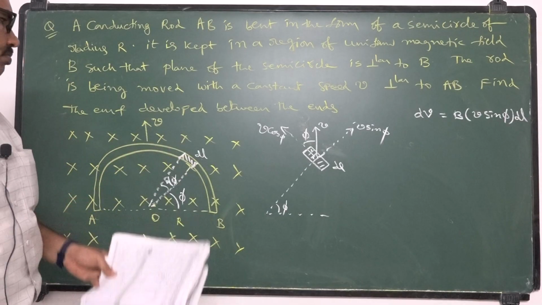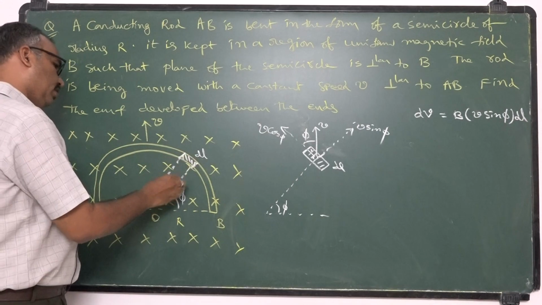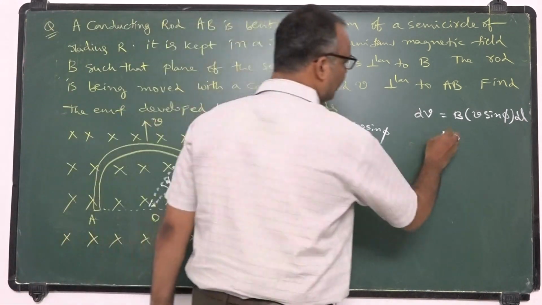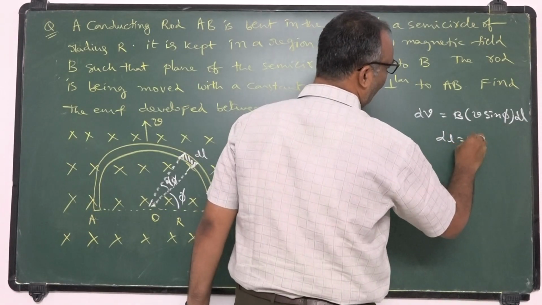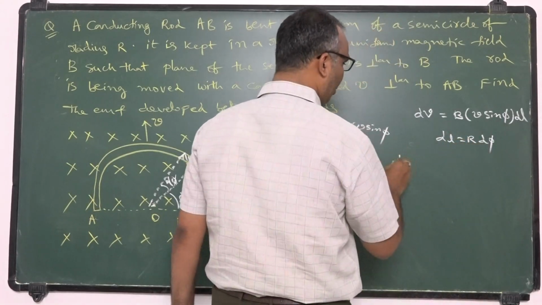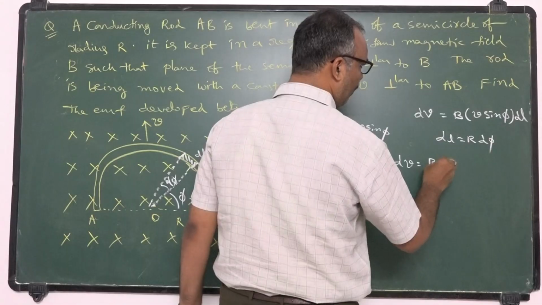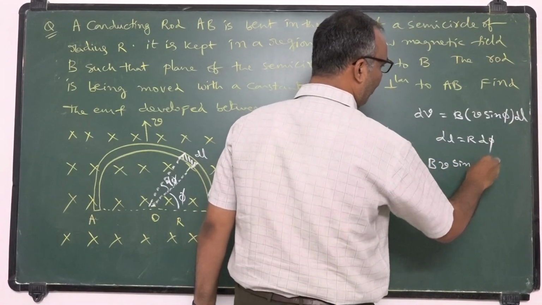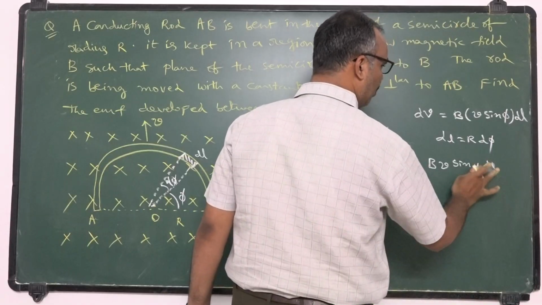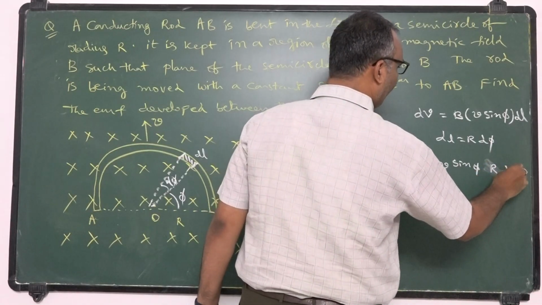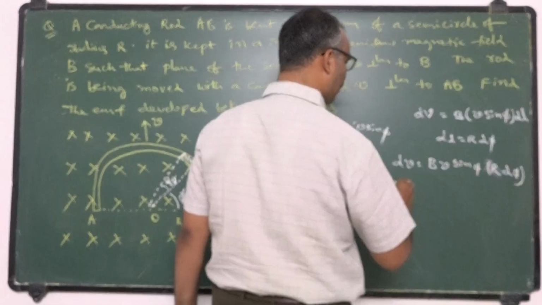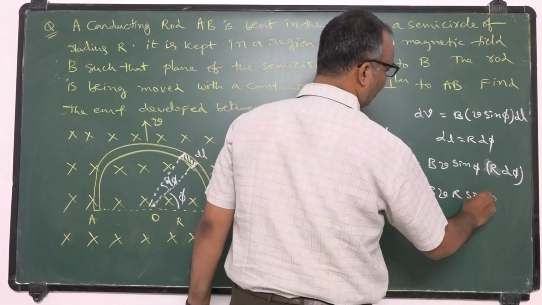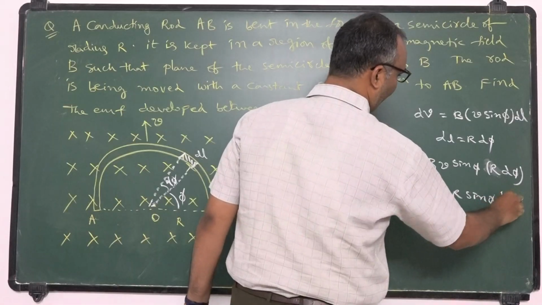Now, you know that arc length is equal to radius times sector angle, so dl can be written as r d phi. So dV is given by B v r sin phi d phi.